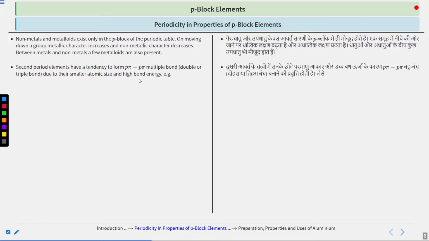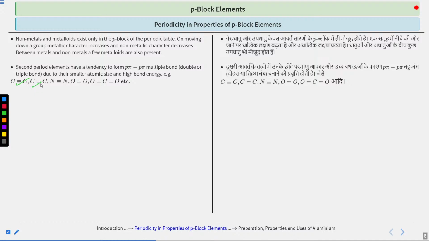Now, second period elements have a tendency to form p pi-p pi multiple bonds, due to their smaller atomic size and high bond energy. What are examples of it? The examples are carbon triple bond carbon. Carbon has the unique property of forming multiple bonds and long chains.